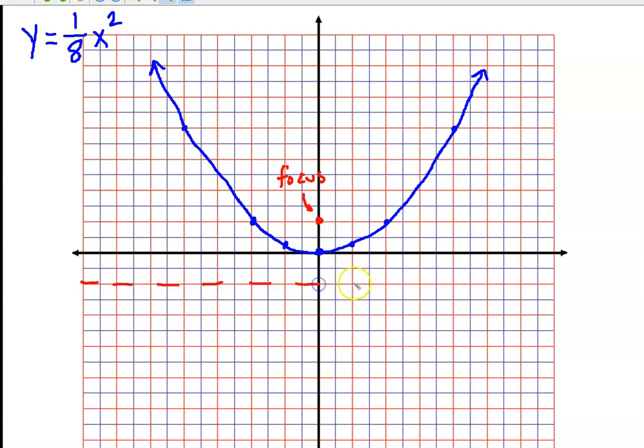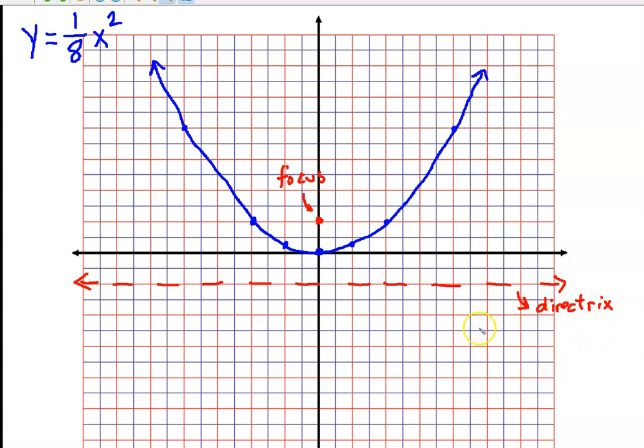And in this case, that line would be the same distance away from the vertex, just in the other direction, so that the vertex always sits right in between this point called the focus and this line that is called the directrix. Just take the word direct and put R-I-X.